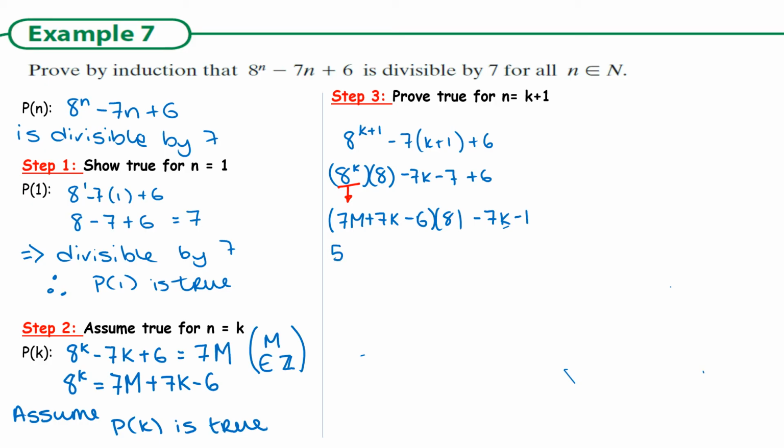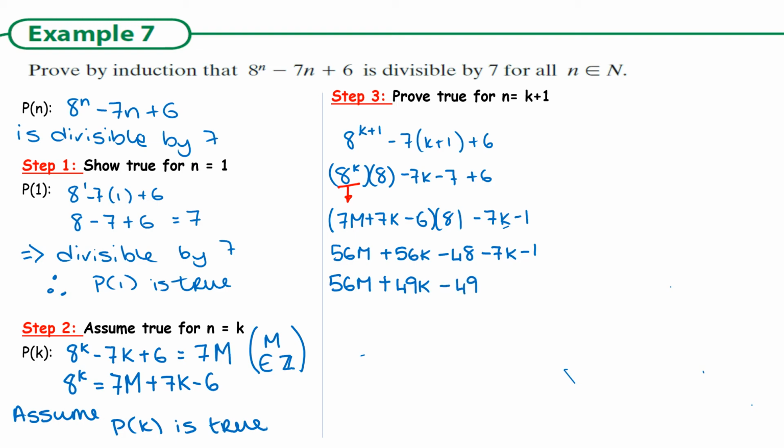Multiplication. 56m plus 56k minus 48 minus 7k minus 1. That gives me 56m plus 49k minus 49.